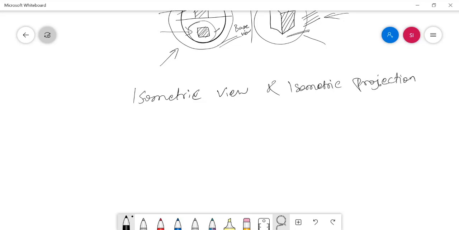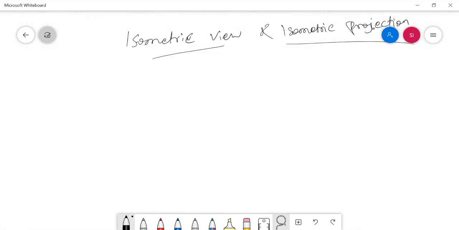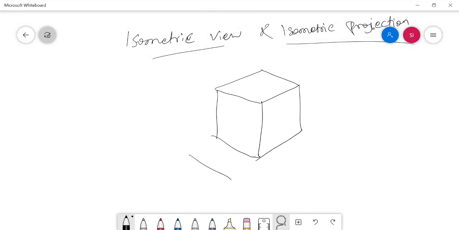Before discussing the difference, we need to understand a fact: in drawing the 3D views of an object, the dimensions in all three axes, that is x, y and z axis, become shorter than the actual.